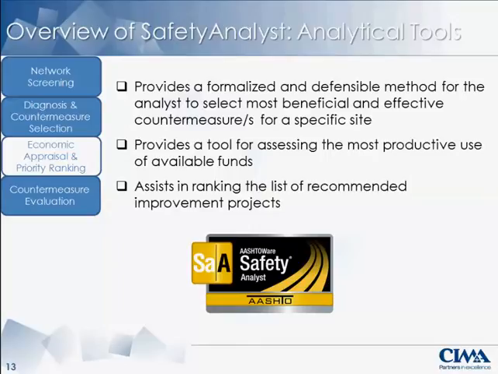It has a lot of metrics based on which you can do your countermeasure evaluation and priority ranking. One of the things is that it has an optimization tool in there: you give the program some fixed budget, and based on that fixed budget, it optimizes and identifies, it's an integer program, the countermeasures that need to be implemented.